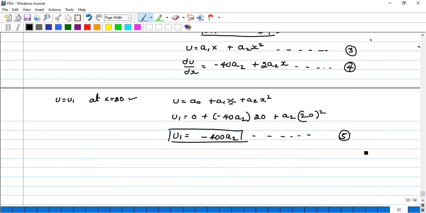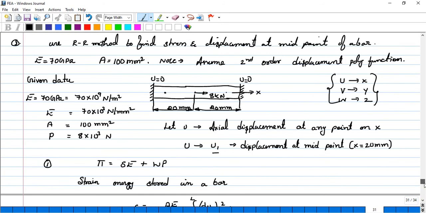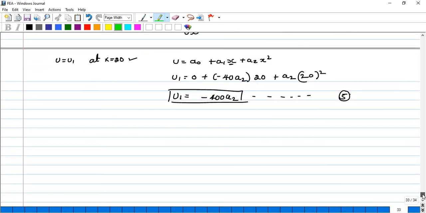We already assumed that in our initial statement: u will be u1 at the midpoint, x will be 20. So when I do that, I will get u1 is equal to minus 400 a2. Now we have to substitute. So that is the third step. The third step is to substitute the displacement function into the potential energy functional.